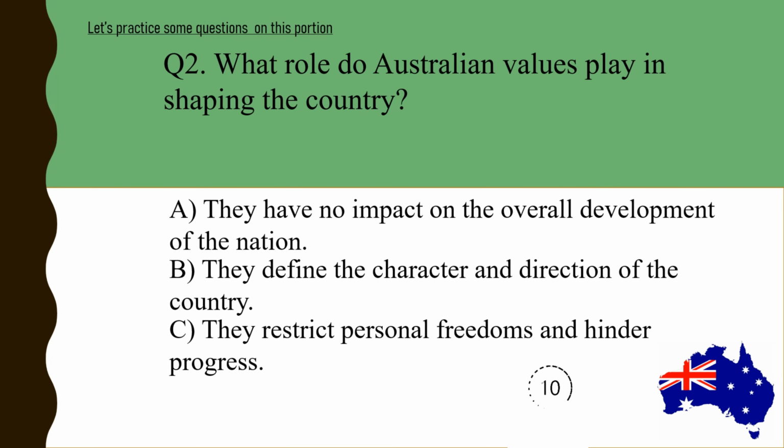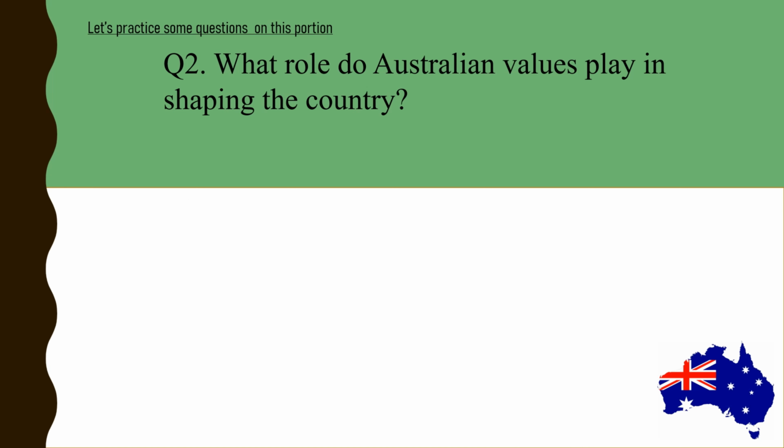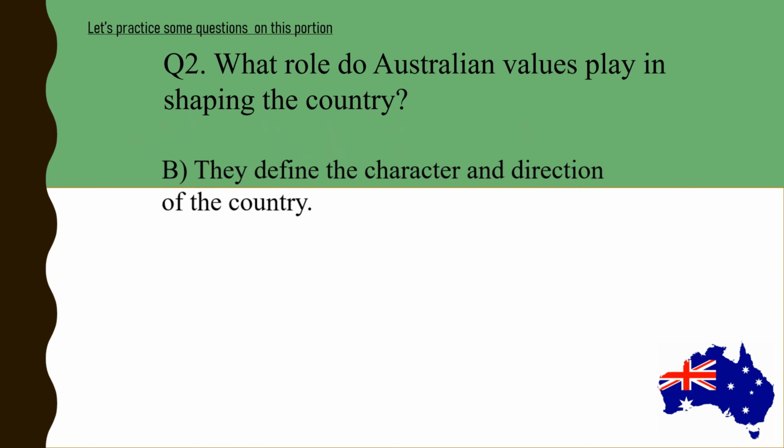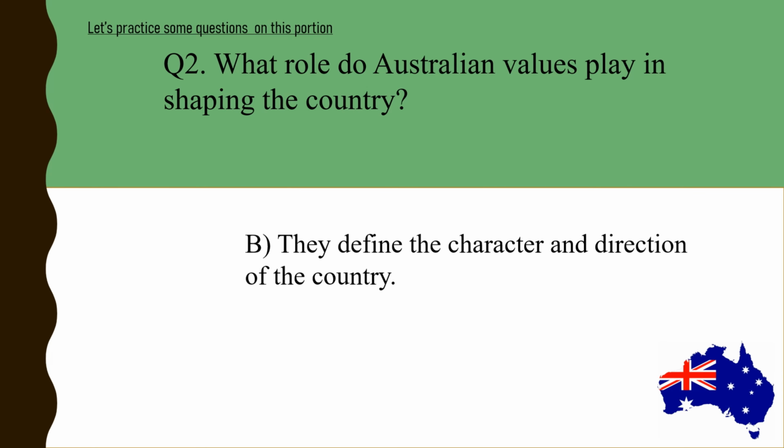Question number 2. What role do Australian values play in shaping the country? The answer is B. They define the character and direction of the country.